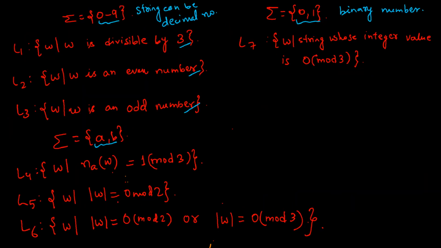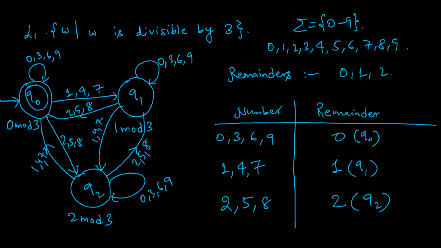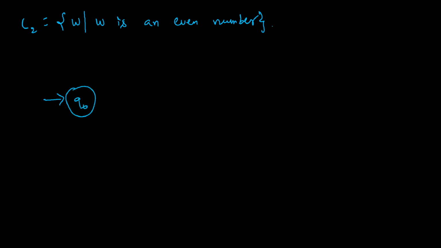Let's take up L2. L2 is the set of W such that W is an even number. So you are at Q0.